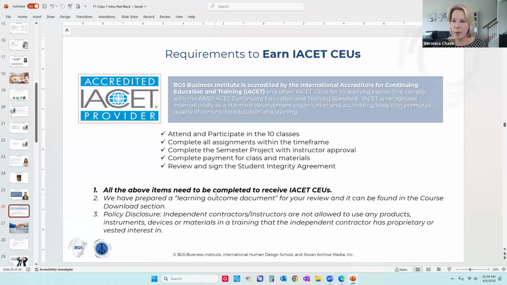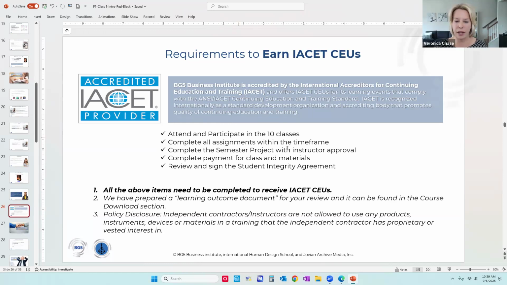Now, there is a possibility that some of you may be wanting these IACET credits for your studies. It depends, for example, if some of you are paying through an organization that you work for, and it's because of the IACET credits, then just know that you're expected to attend and participate in all classes, complete all the assignments, complete the semester project.